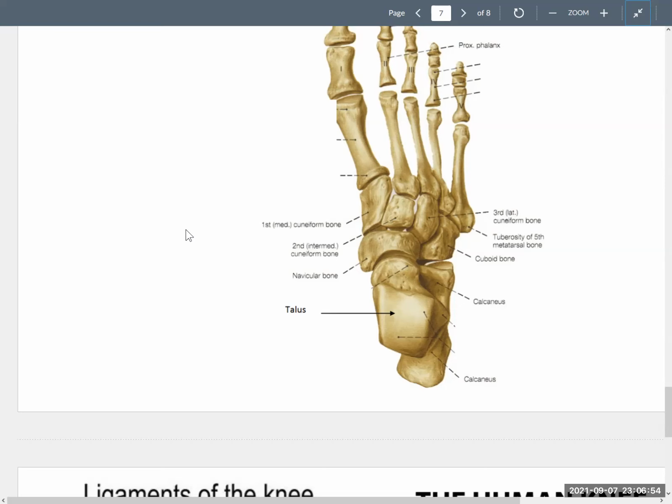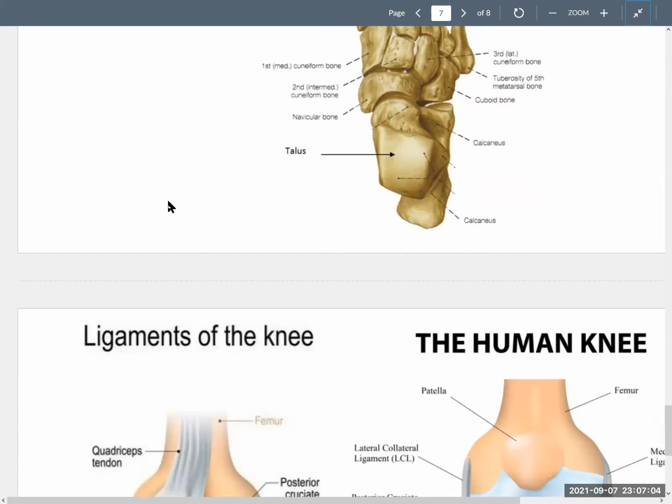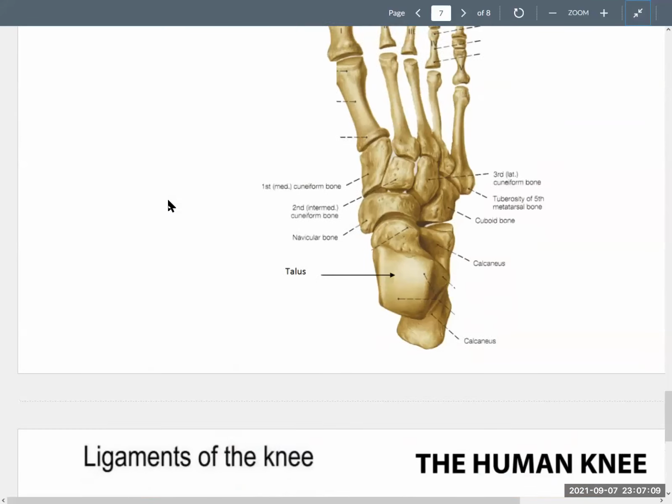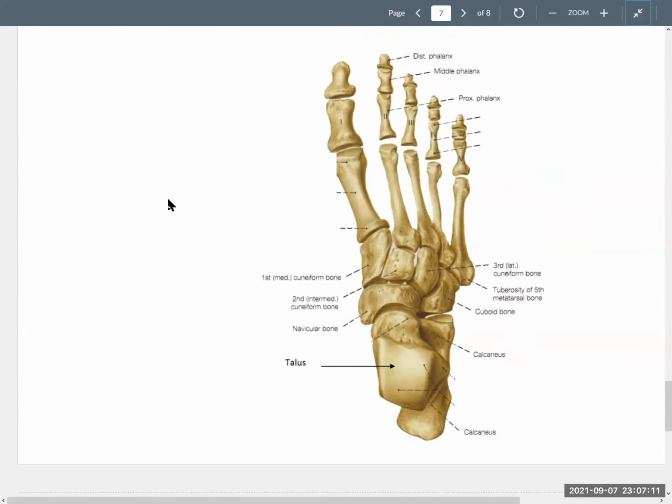So I'm going to use on the test cuneiform 1, 2, and 3. Okay. I think that's a lot clearer to everybody. Charlie, really quickly, what did you say about metatarsals 4 and 5? They share a joint with the cuboid bone.